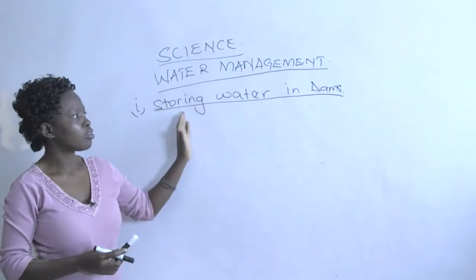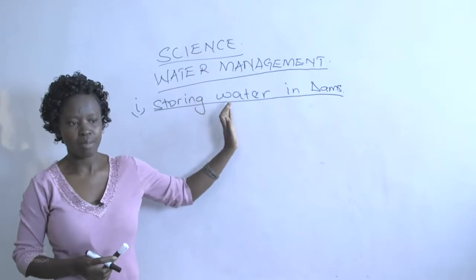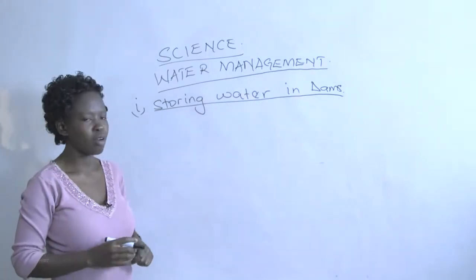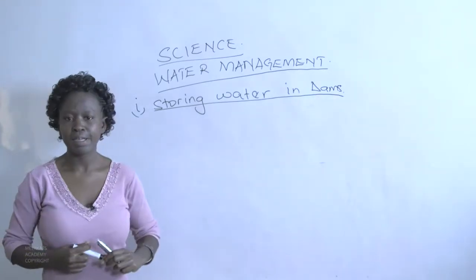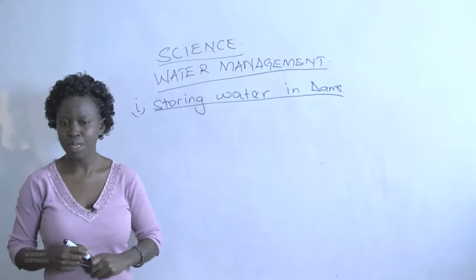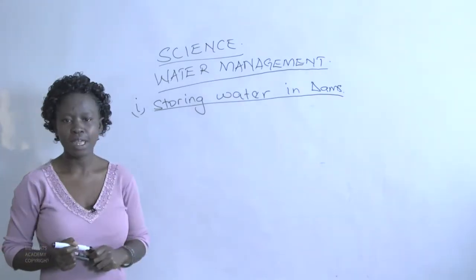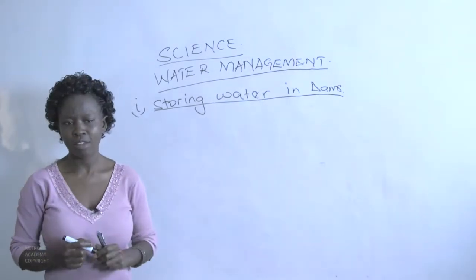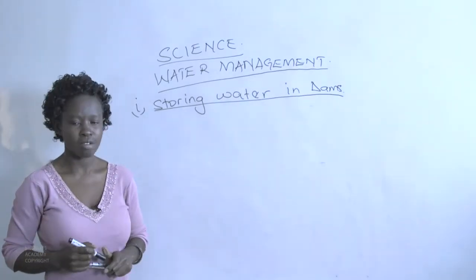As we are looking at storing water in dams, it is important to note that the larger part of Australia is dry. And the larger part of Australia being dry, it means that the rain that falls on the earth's surface in the larger part of the country is not evenly distributed.